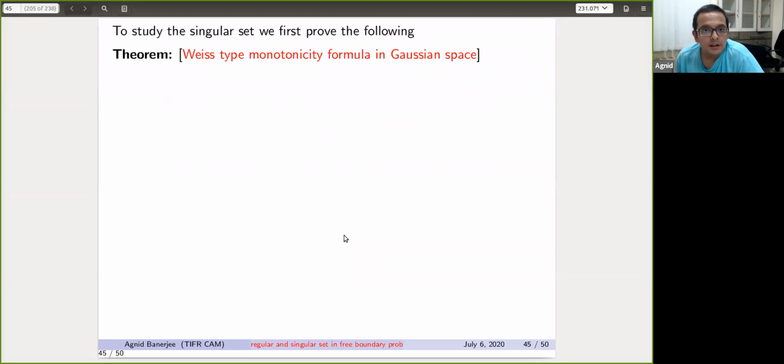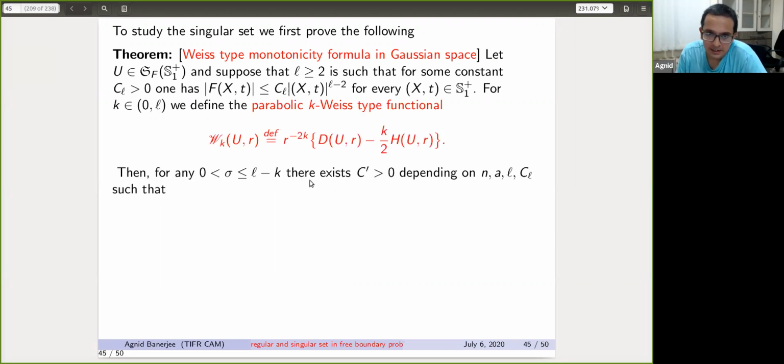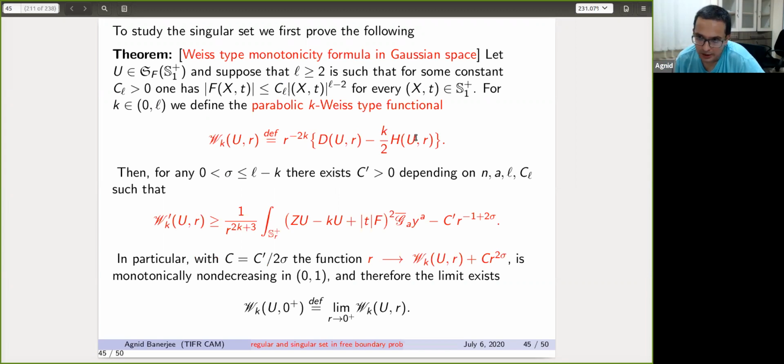Then, to study the singular points, what we need is a Weiss type monotonicity in this setting. You see that this involves the quantities D and H that appear in the definition of the Almgren frequency. This Weiss monotonicity gives you information about the rate at which the Almgren rescalings converge to the blow-up limit. We are able to show that this W_k is monotone, so in particular it has a limit as r goes to 0.